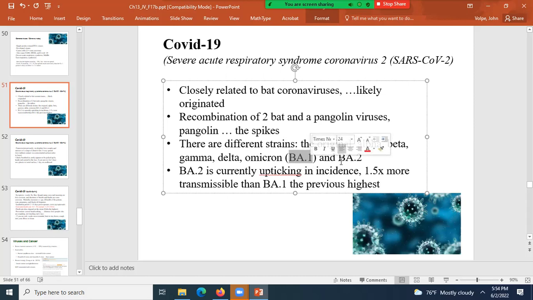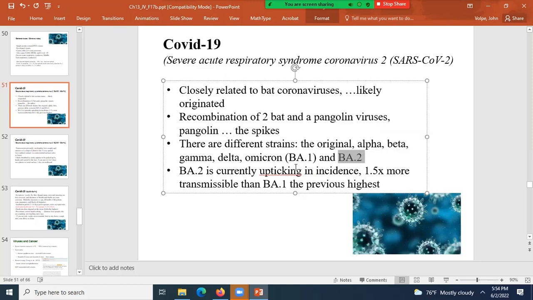And then the newest strain of the coronavirus, which is circulating in the world, including starting to increase in numbers in the United States, is BA2. And that might be BA.2 or DA period 2, I'm not sure, but BA2. Okay.